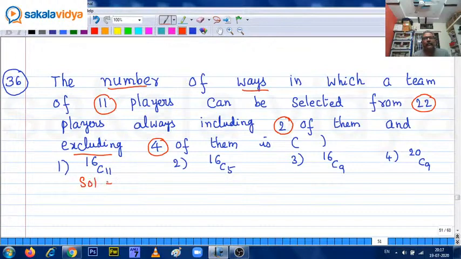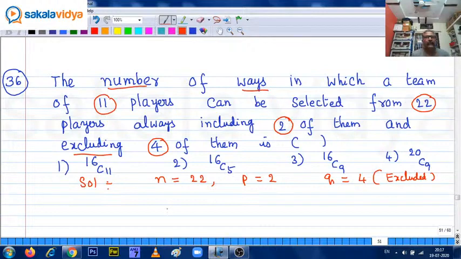Solution: let us say total n is equal to 22. How many persons are included? Let P equal 2 persons included in the team. How many persons are excluded? Say Q, that is 4 persons excluded. So they should be kept aside. They are not allowed for the selection.